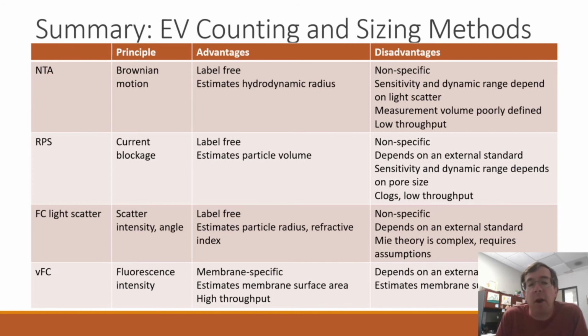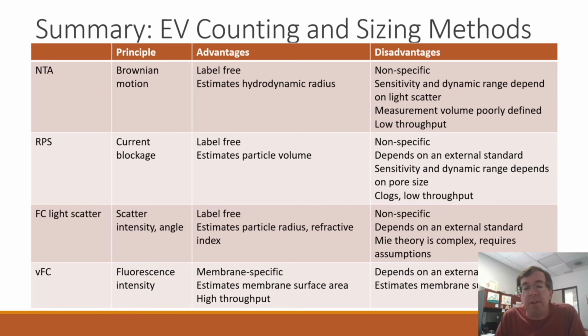So just to summarize these various methods, they all have their strengths and weaknesses. NTA and RPS, in our experience, are useful for characterizing purified standard preparations, but less so for complex samples. Flow cytometry-based light scatter is useful, and the label-free estimation of size and refractive index are attractive, but it's a pretty non-specific measurement, and the math is not simple, although it's made simpler by the software packages we just heard about.